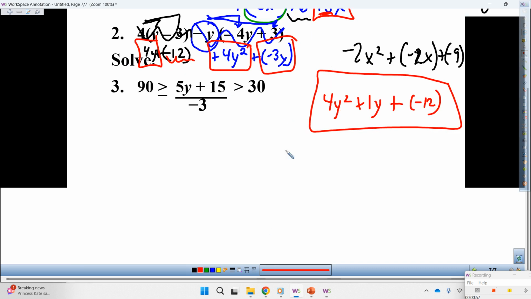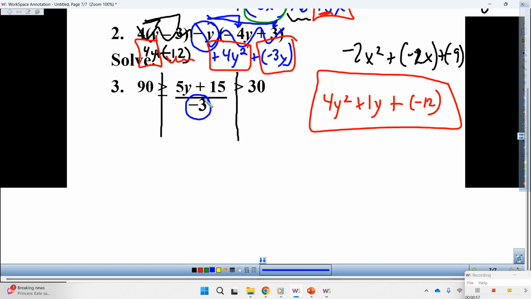This is something new. I left it in the video lesson on Friday that I wasn't here, but hopefully you guys caught it. So this is a compound inequality, and we've seen these in the past, but I'm bringing them back. Draw your line down the inequality, but there's another one over here. So what is the negative 3 doing? It's dividing.